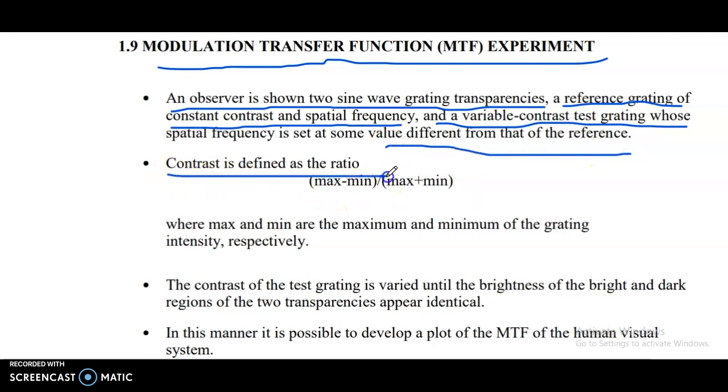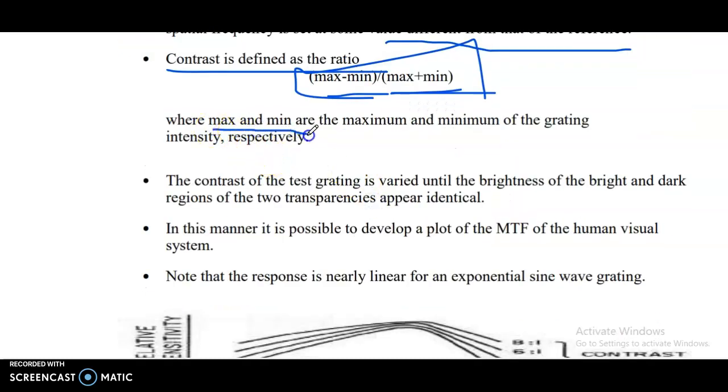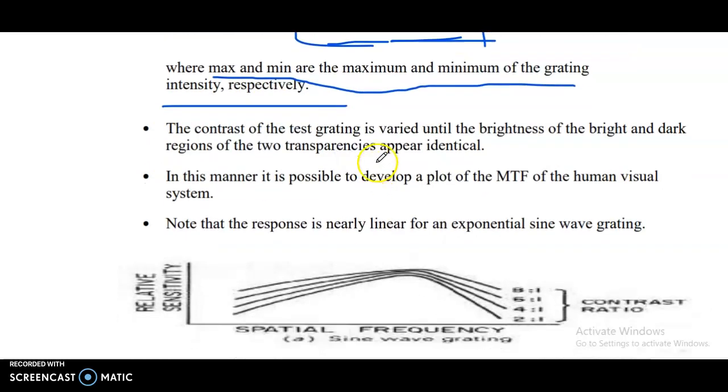Contrast is defined as the ratio of maxima minus minima divided by maxima plus minima, where maxima and minima are the maximum and minimum of the grating intensity respectively.